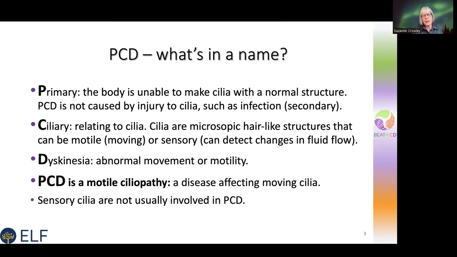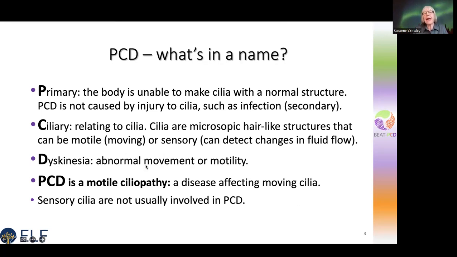We have two types of cilia: moving cilia, which is what PCD is about, and cilia that are sensory, that can detect changes, for example, in fluid flow. They're not usually involved in PCD.